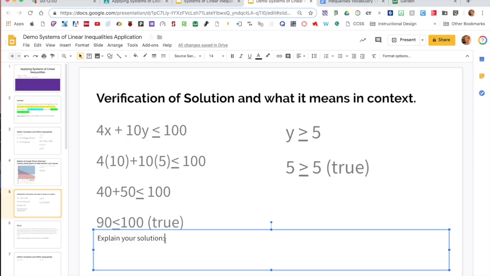Down here at the bottom, we're going to write out the meaning of our solution.